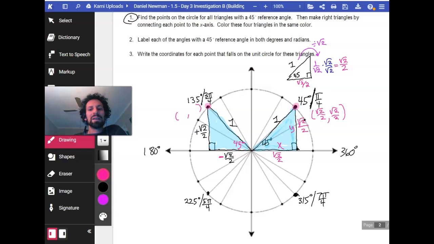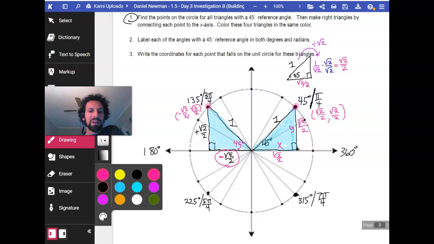This is our x-coordinate because we went to the left rad 2 over 2 units, so that's why it's negative. And we went up rad 2 over 2 units, so that makes our y-coordinate positive rad 2 over 2. Well, that gave us the coordinates of the point that corresponds with 3 pi over 4.